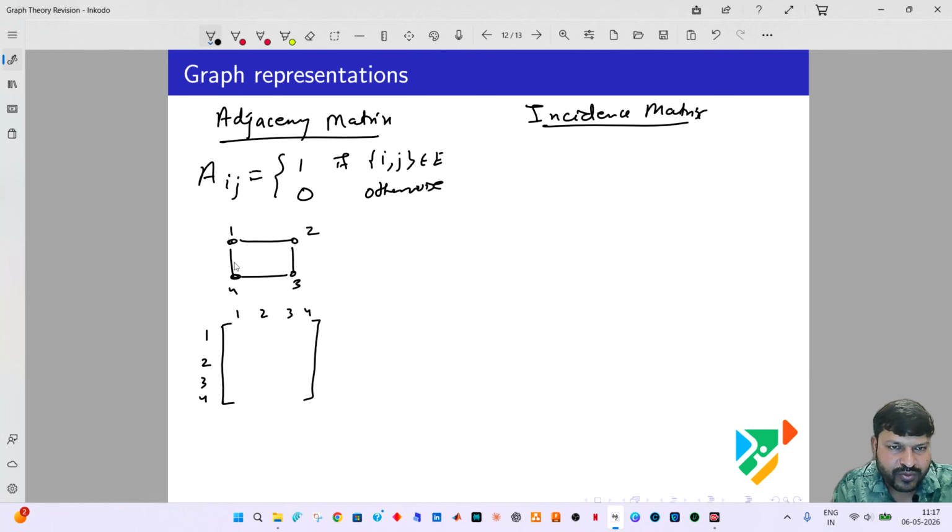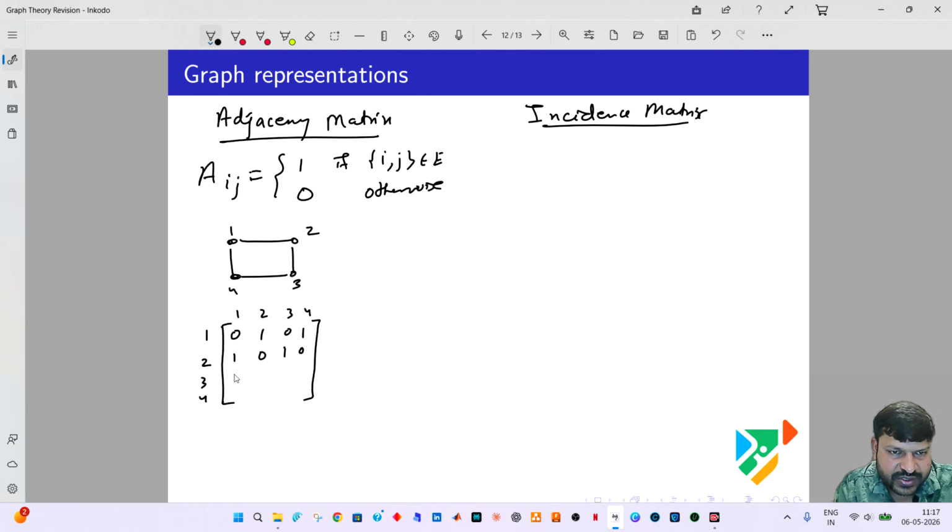So in this graph, we do not have a loop, so definitely 1 and 1 are not adjacent. 1 is adjacent to 2, 1 is adjacent to 4, 1 is not adjacent to 3. Similarly, 2 is adjacent to 1, 2 is not adjacent to 2, because we do not have a loop here. 2 is adjacent to 3, and 2 is not adjacent to 4.